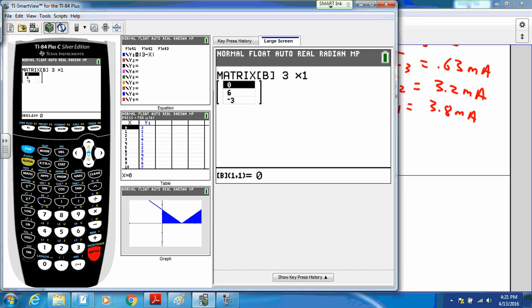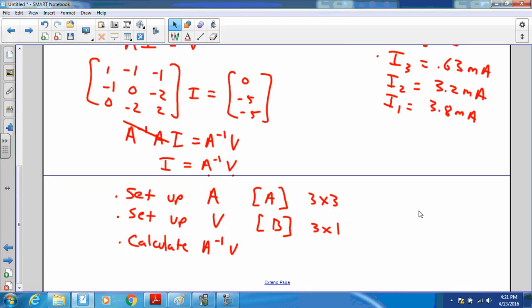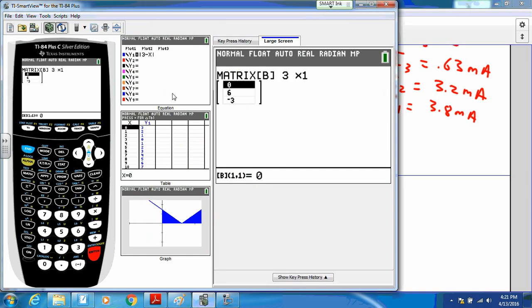And I'll pull those numbers off of the right-hand side of the equation here: 0, negative 5, negative 5. And that looks good. Okay, now that we have all of those set up, that was the detailed part. Now we're ready to do a solution.